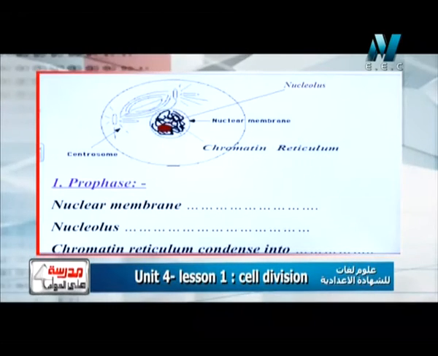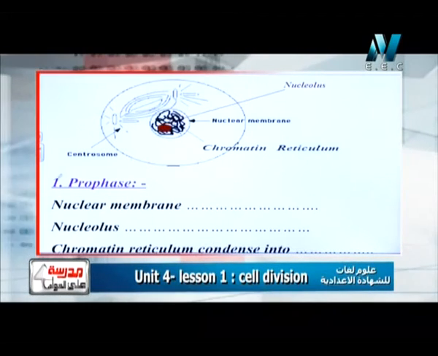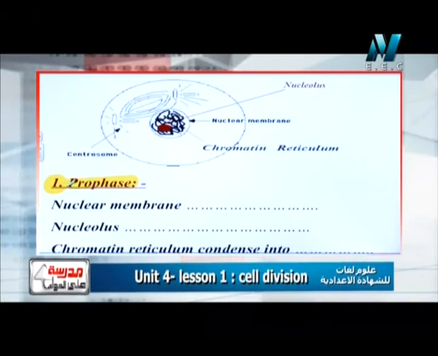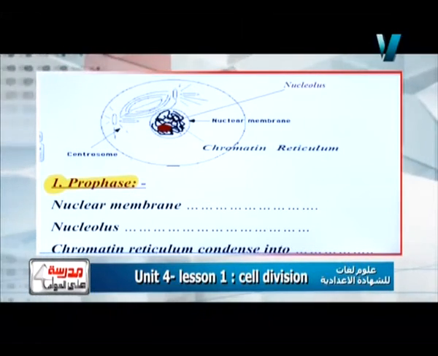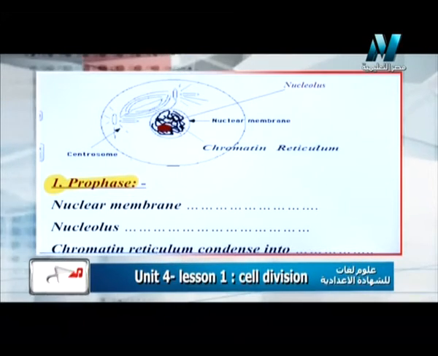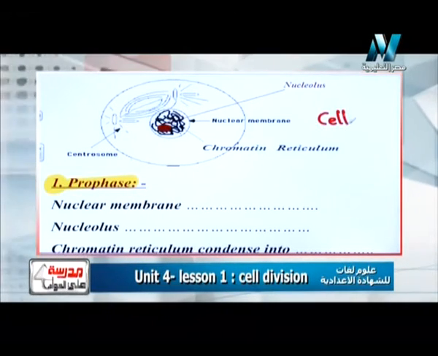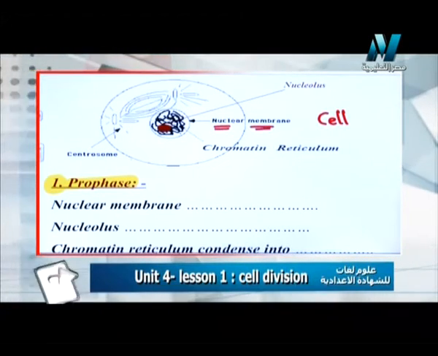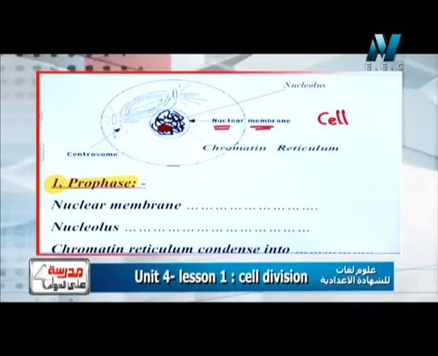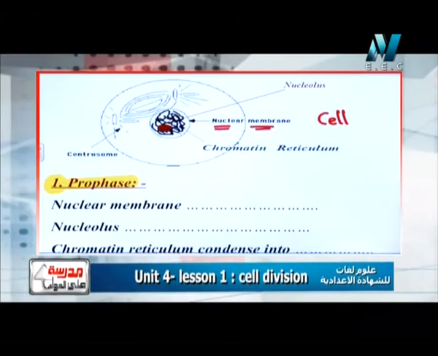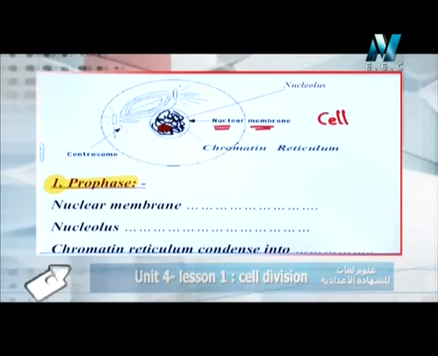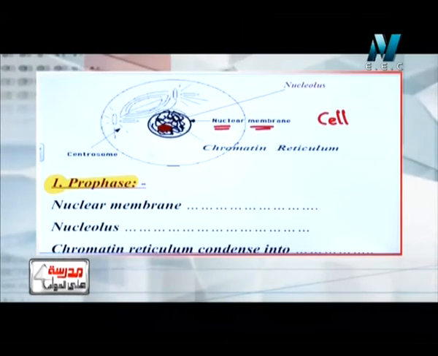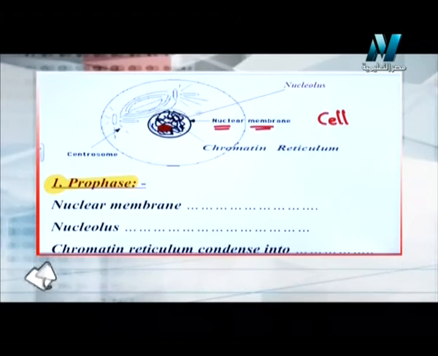The first stage is called prophase. As we see in front of us, we have a normal cell. The cell has a nuclear membrane, the cover of the nucleus.